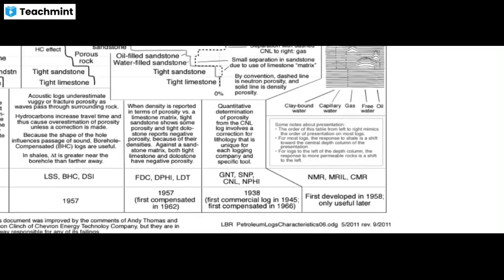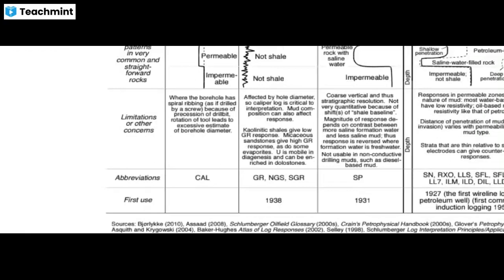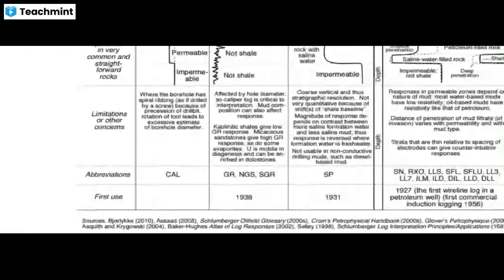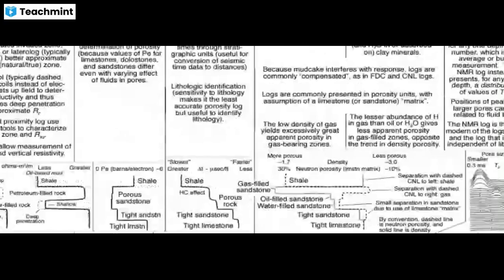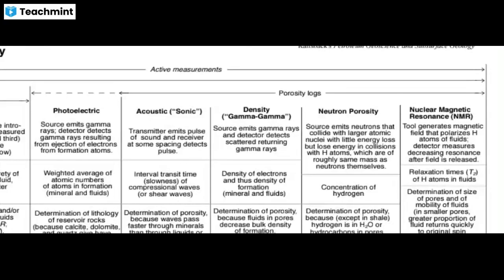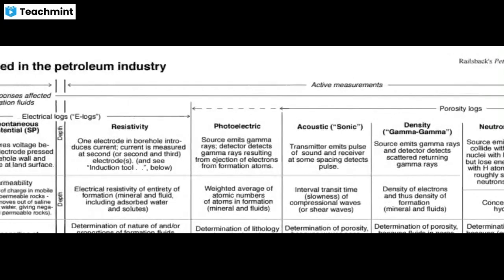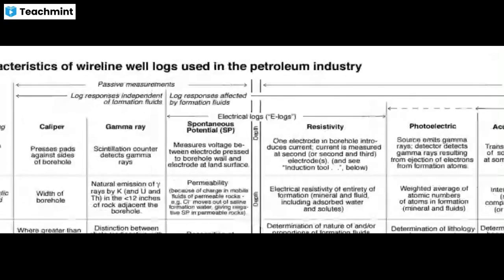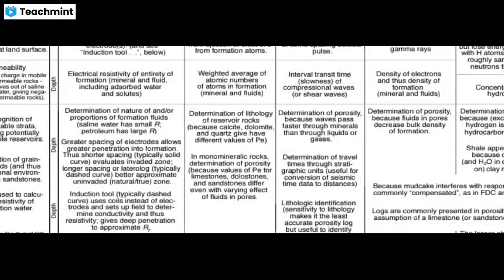It was first developed in 1958. So these are the different types of abbreviations used in the petroleum industry for different well logging methods. That is the basic measurements, like porosity and resistivity, etc. So these are the characteristics of wireline logs in the petroleum industry.